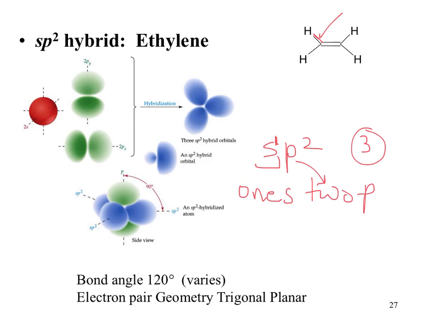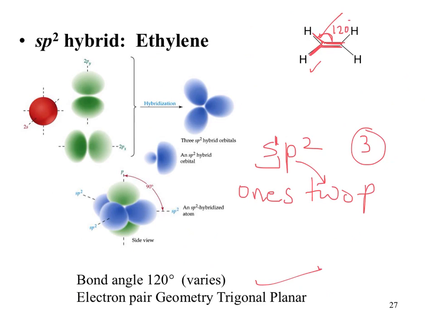You have to form one CH bond, another CH bond over here, and then there is a double bond. So this is going to take the shape of a trigonal planar. The bond angle is going to be 120 degrees, and if the steric number is 3, you're going to mix the 1s with the 2p.